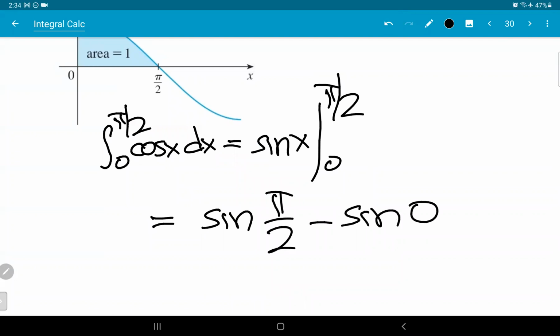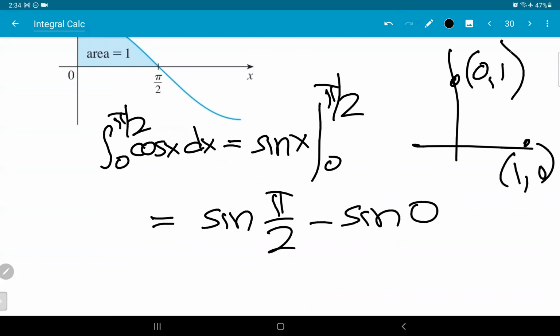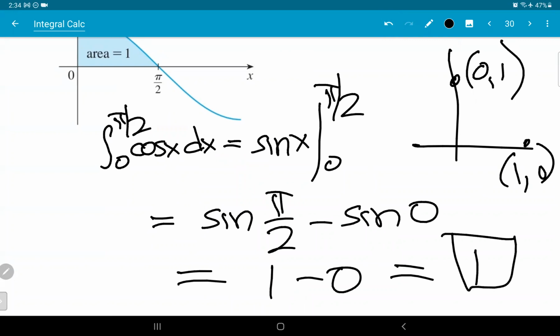And if you use your calculator or just look at the angles, pi over 2 and 0, the points are 0, 1 and 1, 0. The sine is the y coordinate, right? So it becomes 1 minus 0, which is 1 square unit. So any questions so far?